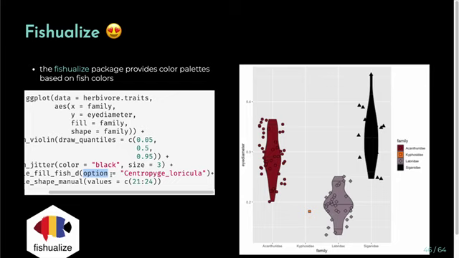Now this color is not in the fish, but technically each of these palettes has 5 base colors, but our plot needed 4. So it went in between those different colors, and that's how we ended up with this gray color right here.